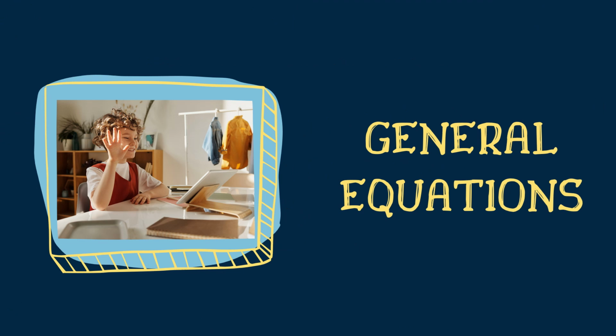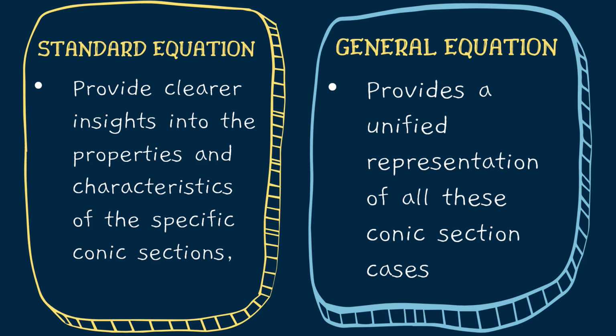The general equation, when we say general equations, these are for all the conic sections. Remember that the standard equation provides us a clearer insight on the properties. You can see the characteristics such as how long or how wide your graph is.